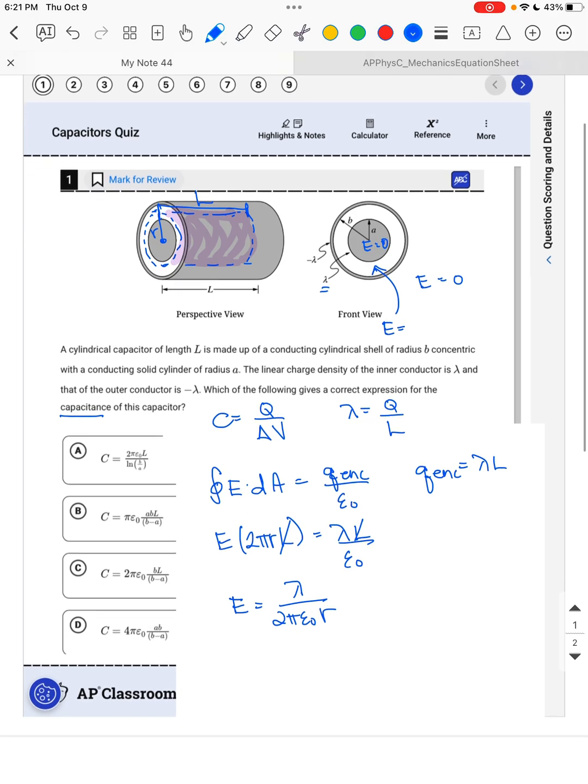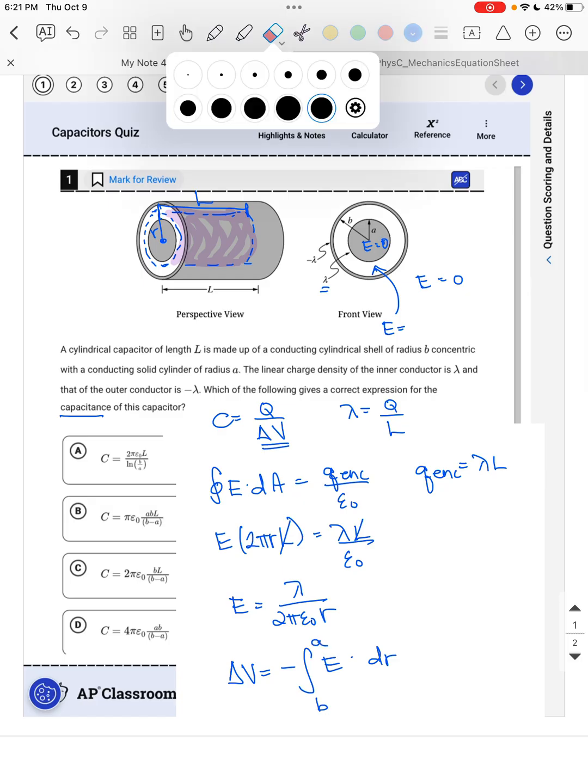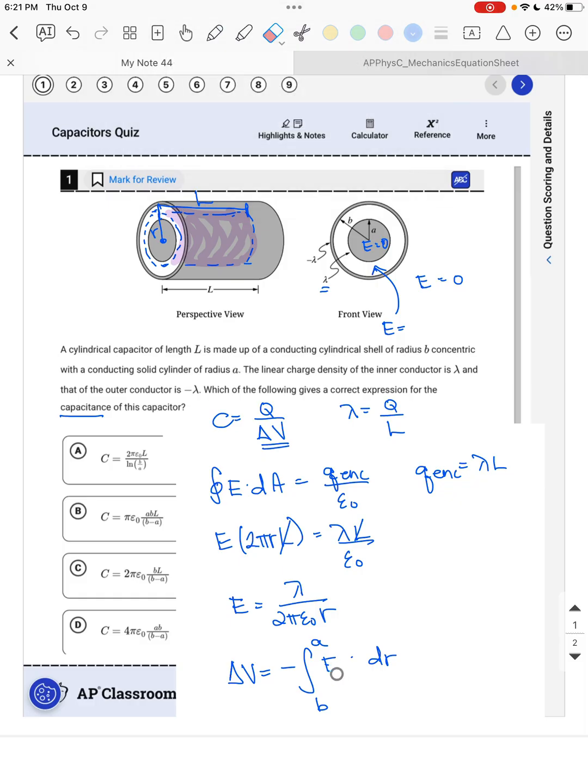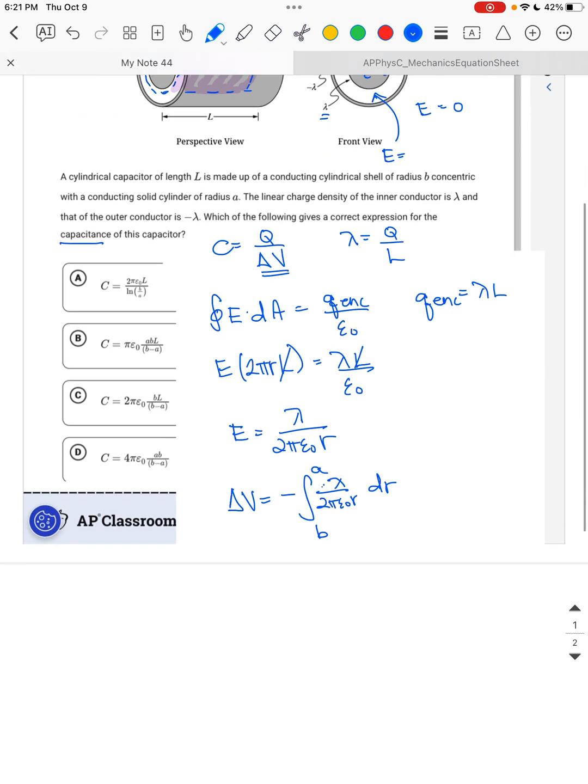Here, we are going to use this expression to solve for delta V, because delta V is equal to the negative integral of E dot dr. And we're going from the outer surface B to the surface of the inner cylinder. So it's going to go from B to A. I'm going to erase this electric field variable and plug in our electric field equation of lambda over 2 pi epsilon naught R. Now, this is the first time we're seeing this relationship.